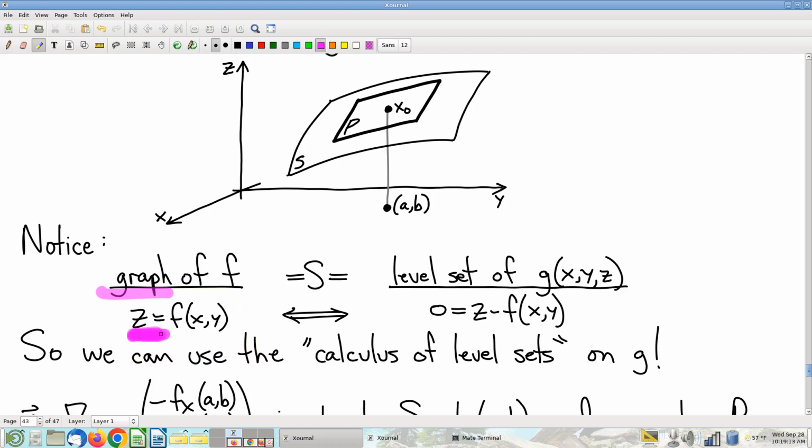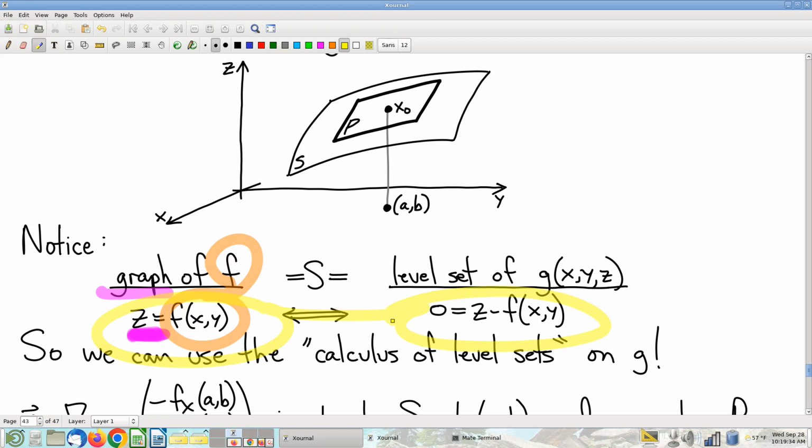And so we're looking at the graph of this function f, whatever its formula is. On the other hand, same exact surface, morally identical equation here. All you've got to do is take the one term and move it over to the other side. It doesn't even matter which way you go, particularly.